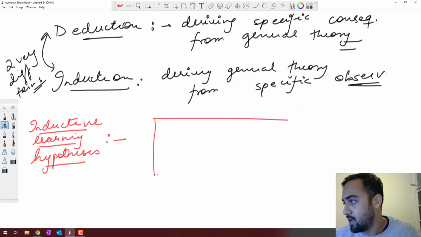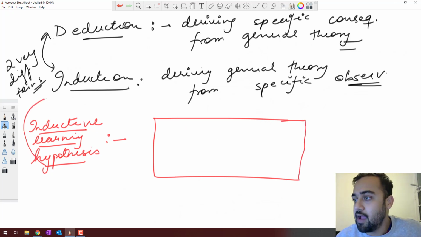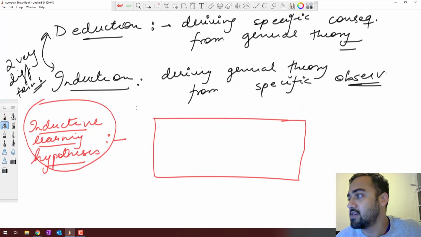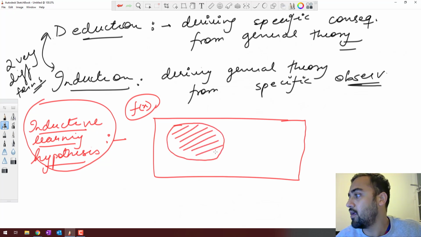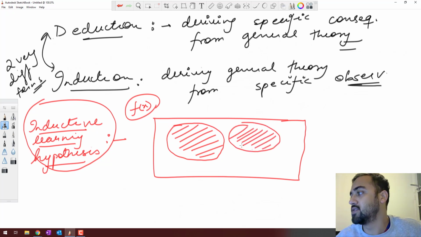Let's say you have this state space, right? And the inductive learning hypothesis says that if a function works well on one data, it will be able to work on the unobserved data as well.